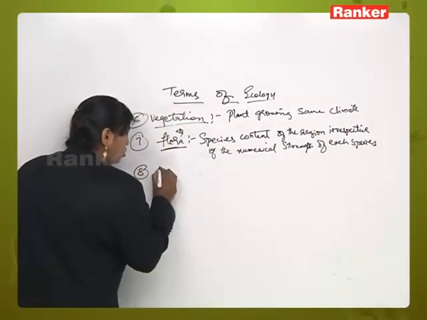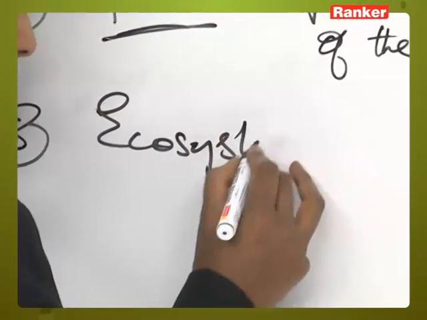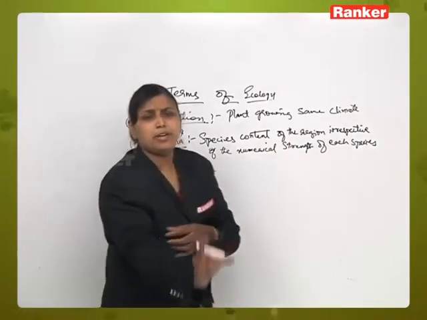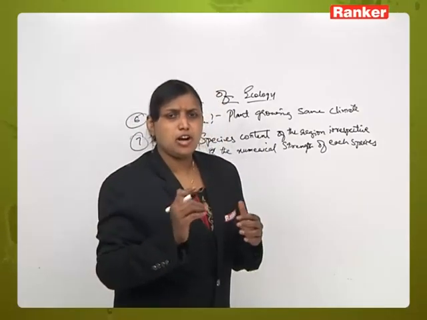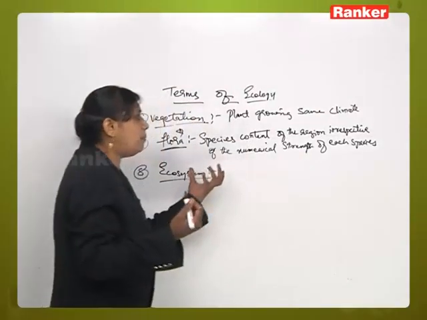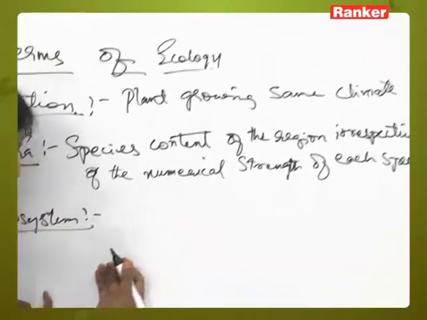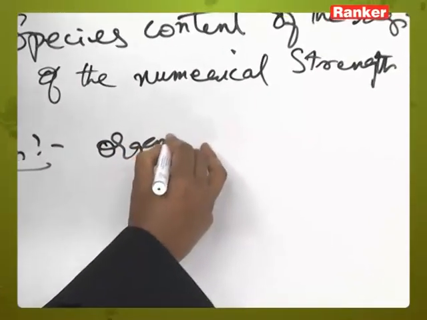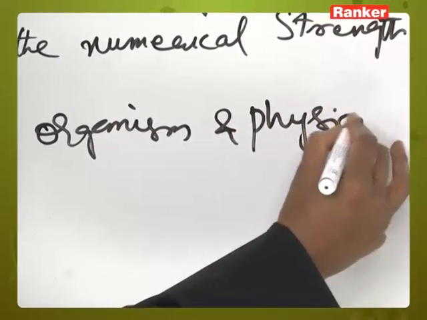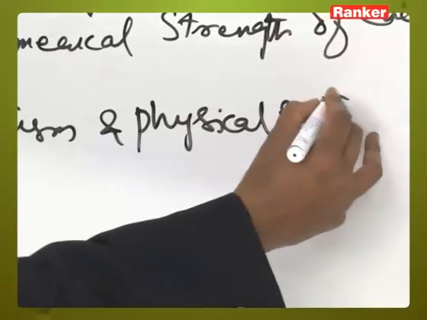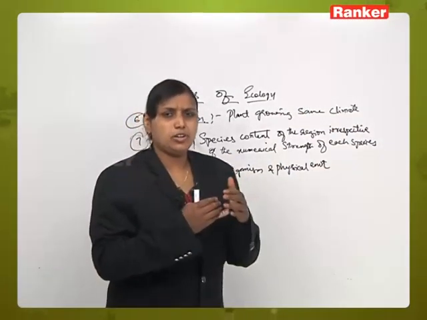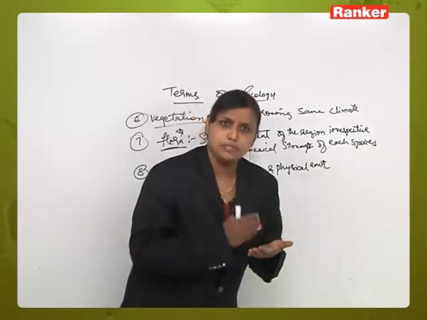Next one is ecosystem. What is ecosystem? As I said, it is a segment of nature consisting of both the abiotic components and the biotic components of that particular organism. It is an interaction between an organism and its physical environment, a union between the organism and its physical environment.